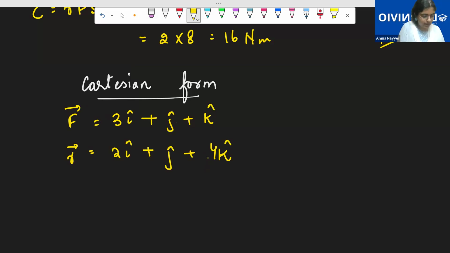Now, when we take the cross product, first of all, you have to check where your R is placed and where F is placed.